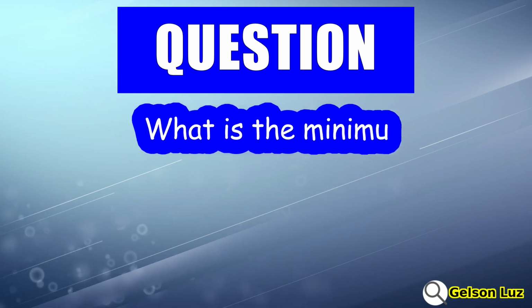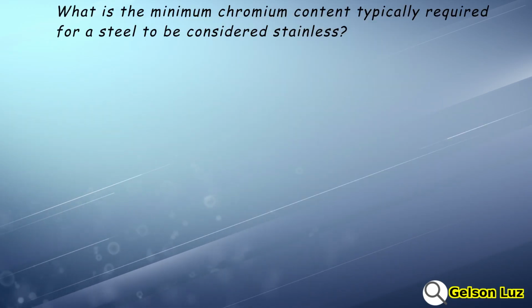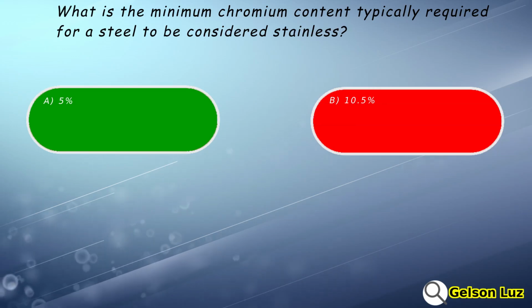What is the minimum chromium content typically required for a steel to be considered stainless? A. 5%. B. 10.5%.